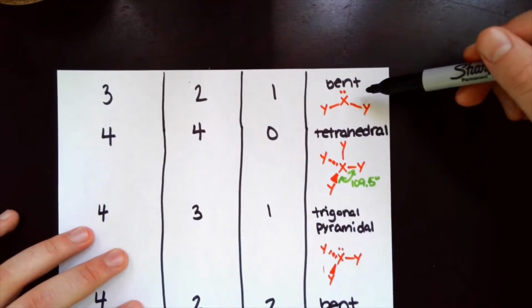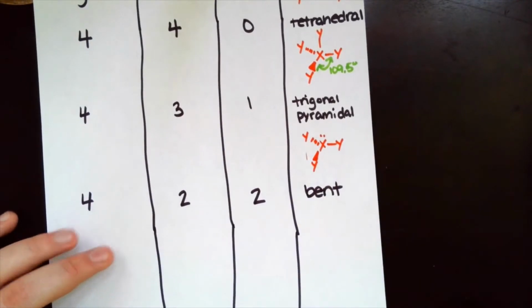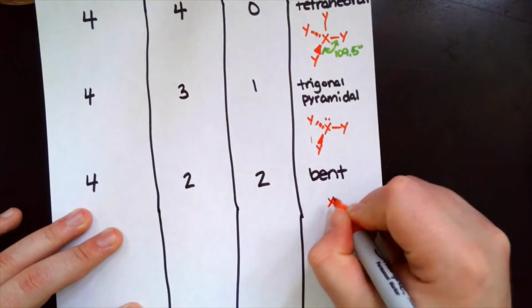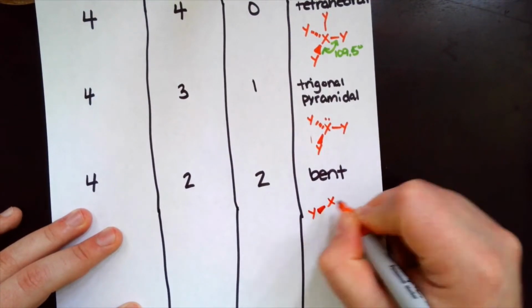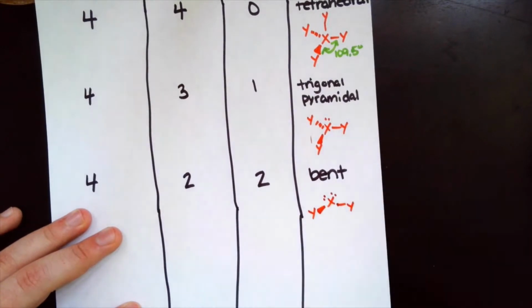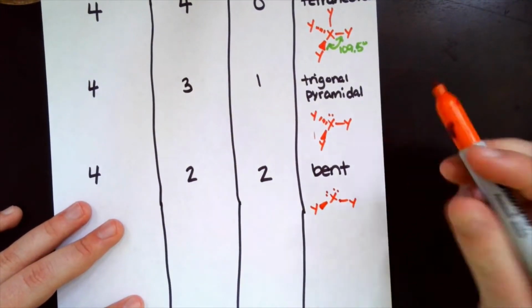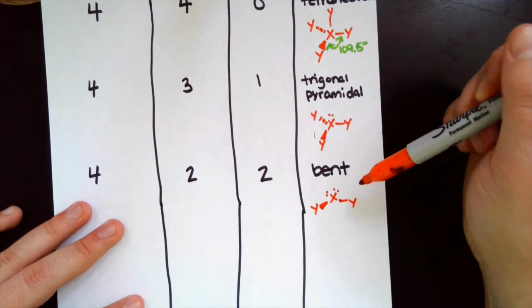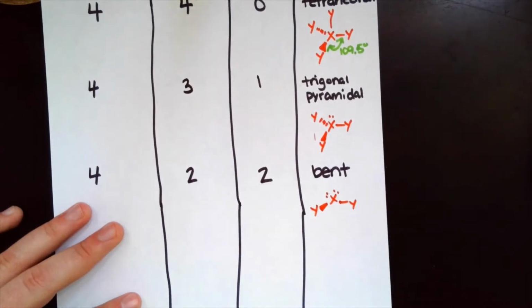If this one is bent, so basically 2 bonds and 1 lone pair is bent, 2 bonds and 2 lone pairs is also bent. So what that would look like would be something like this. And for what it's worth, that's actually the structure that water uses. So again, it still would have a tetrahedral electron domain geometry, but it now has a bent molecular geometry.